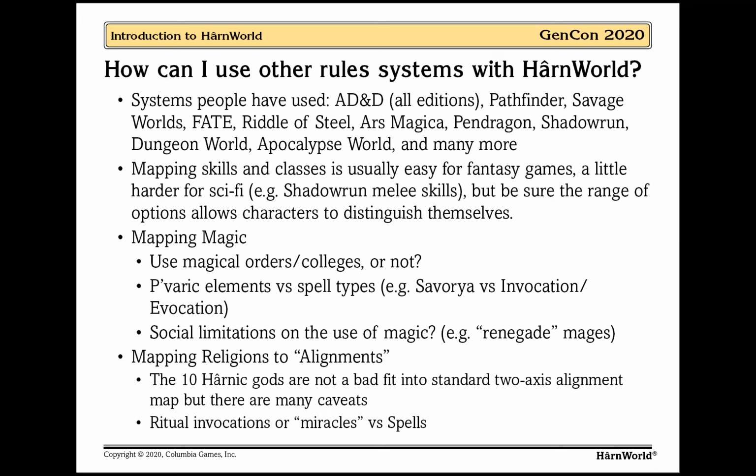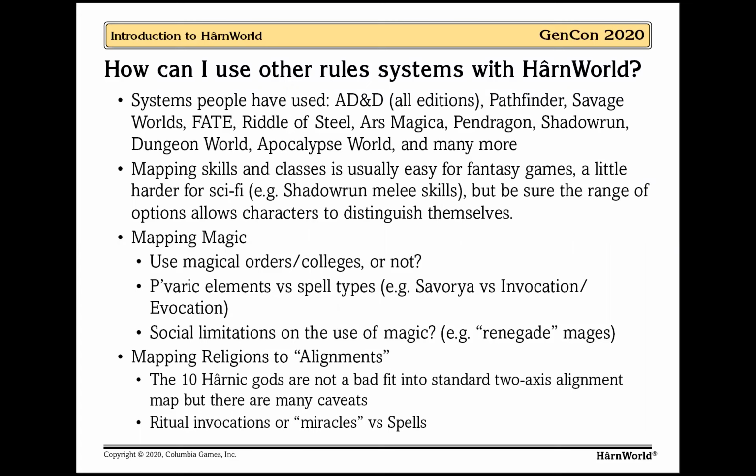But for whatever system you have, you may have to do a little bit of tinkering to match your rule set to the setting. A lot of times that's taking a rule system that's not necessarily designed for medieval fantasy and making a few alterations to make it support medieval fantasy. So for instance, I said that I had used the Shadowrun system.